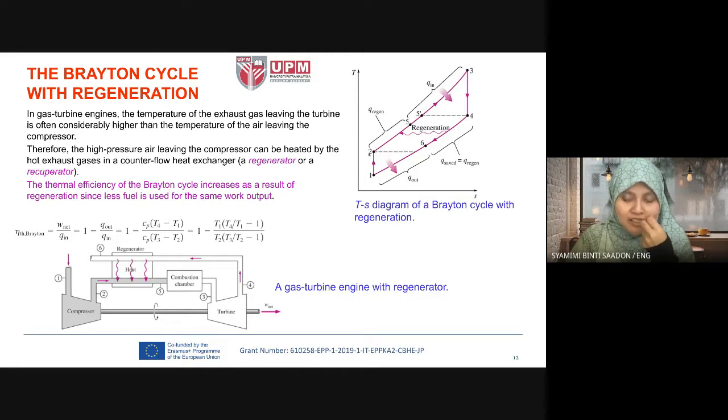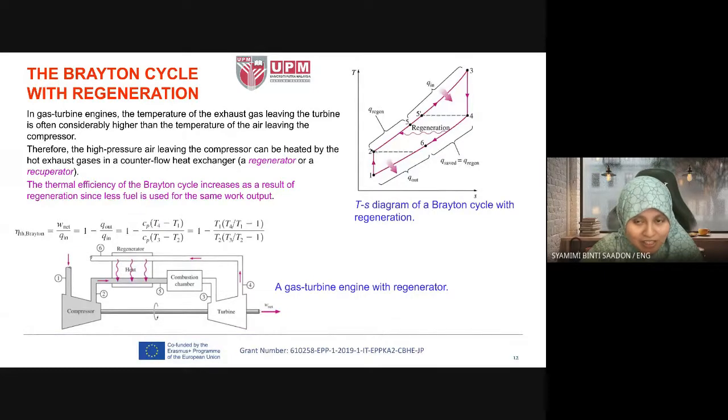T2 is always lower than T4, T4 always higher than T2. We cannot have T2 higher. It's impossible.